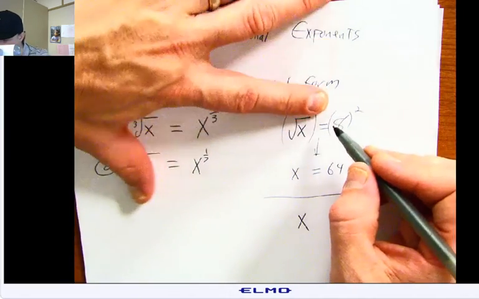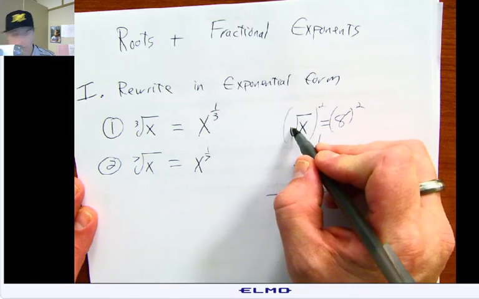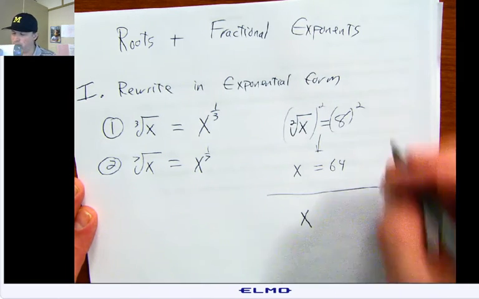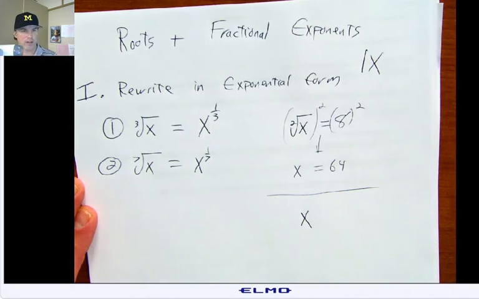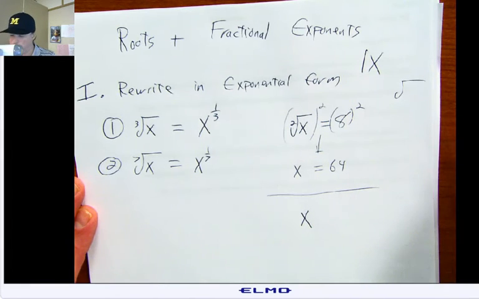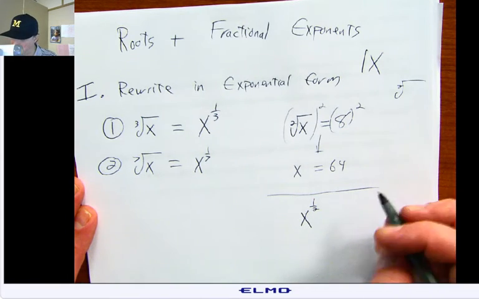whenever there's no number here, like this was a cube root, so it was 1/3. Whenever there's no number there, it's kind of assumed that it's like a 2. Kind of like if you write x by itself, that it's assumed that there's a 1 out front. Same thing, if you just write a plain old square root, it's assumed that there's a 2 there. So a square root is the same thing as x to the 1/2.